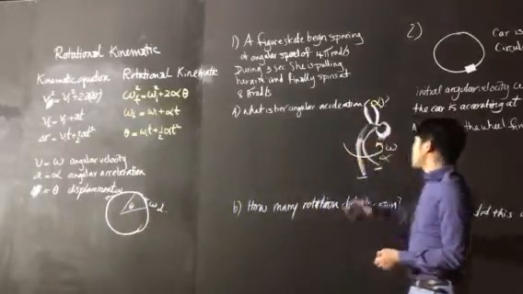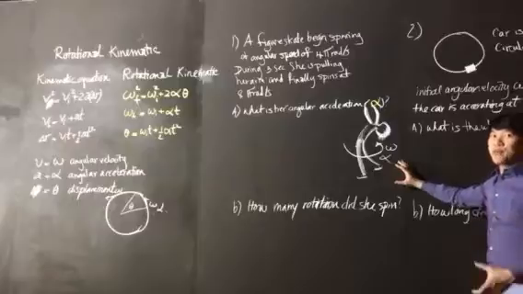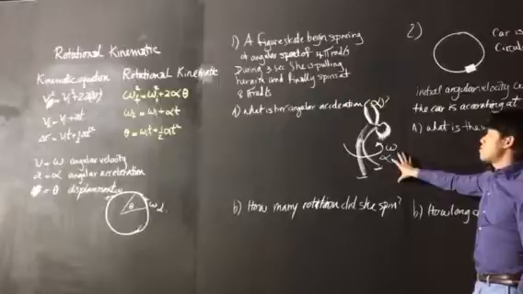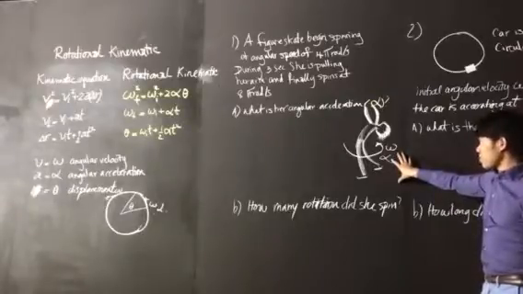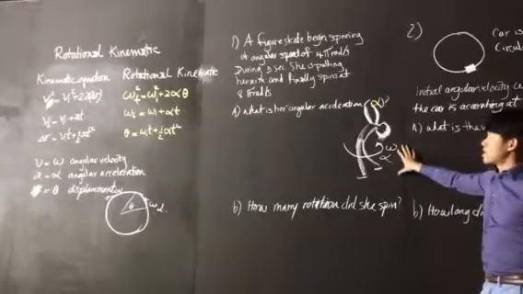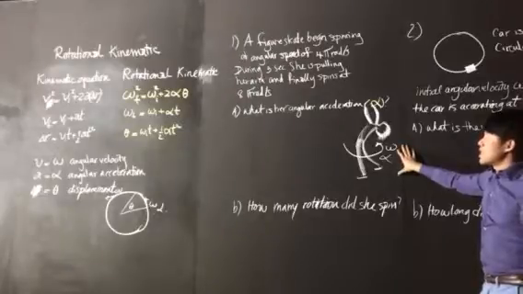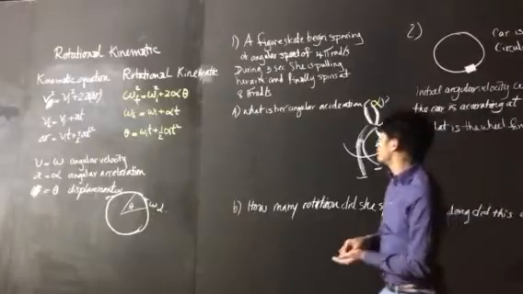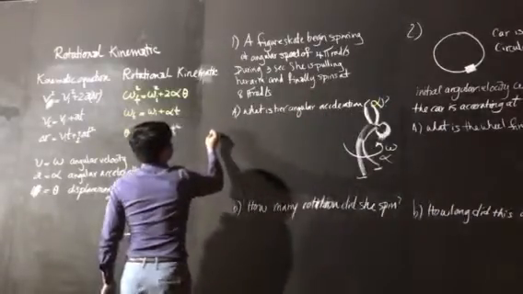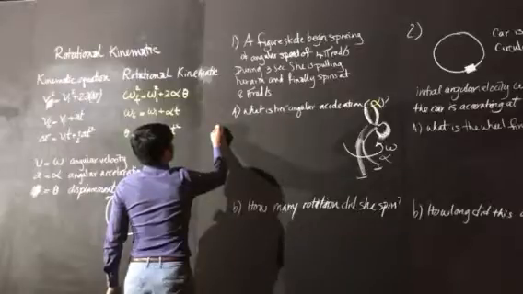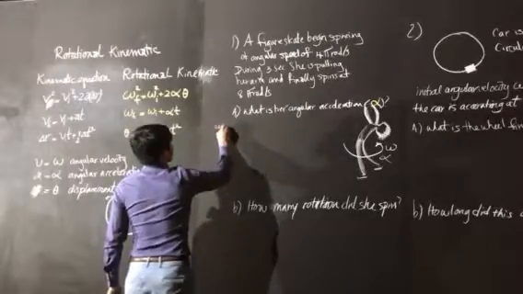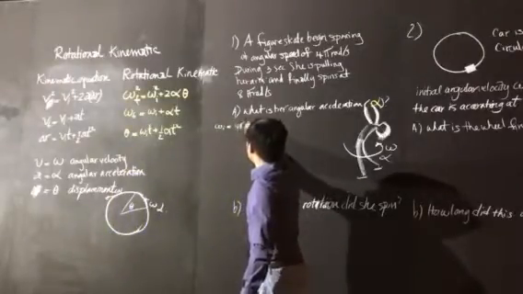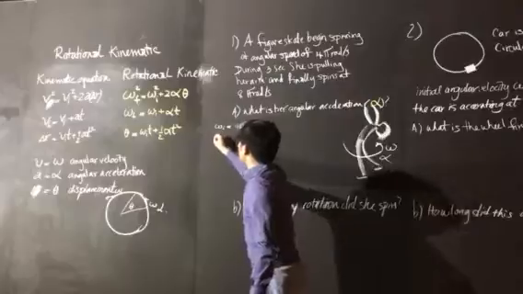Let's get back over here. We're going to utilize these three equations to figure out what the problem is looking for. A figure skater begins spinning at an angular speed of 4 pi radians per second.